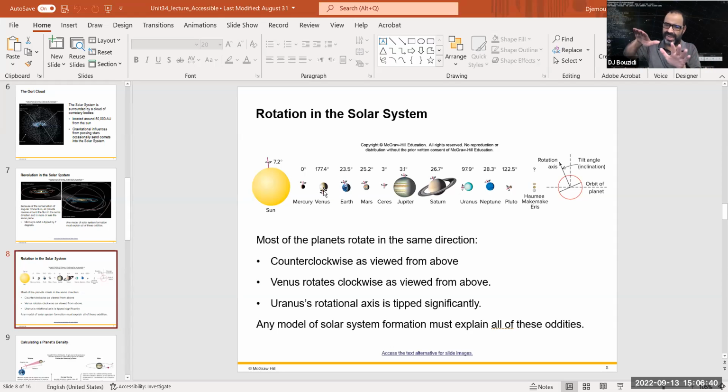As a matter of fact, sometimes the rings will be very visible, but sometimes when it tilts back this way, you're going to basically lose sight of the rings, because they're going to be within the line of sight, and you're not going to see them. Obviously, the process takes a long time before it changes, because the seasons on it take a long time to complete. It's not like the seasons take only 4 months, as on Earth.